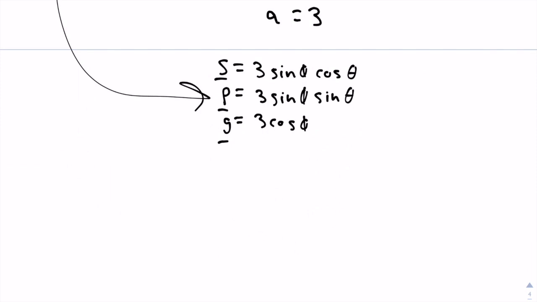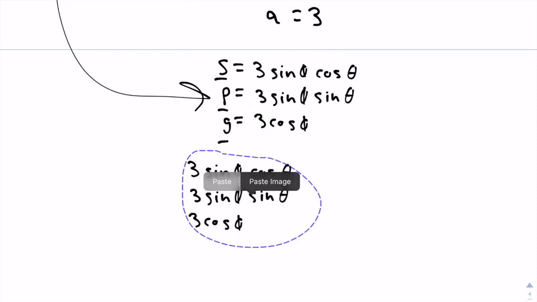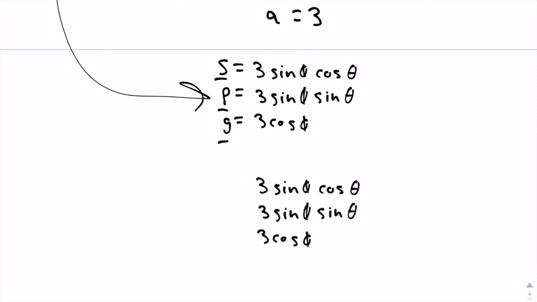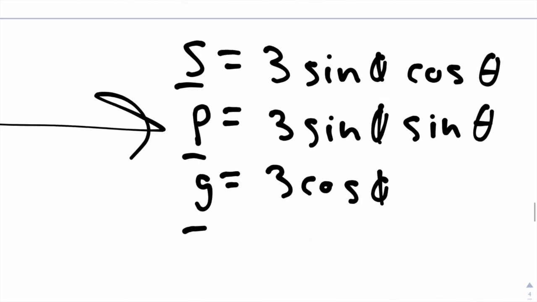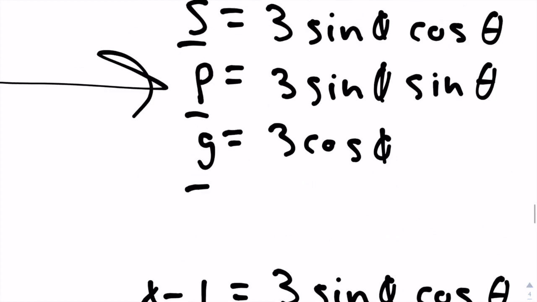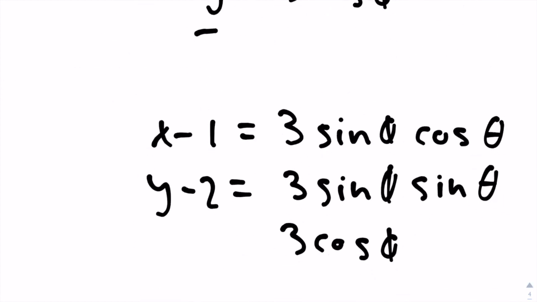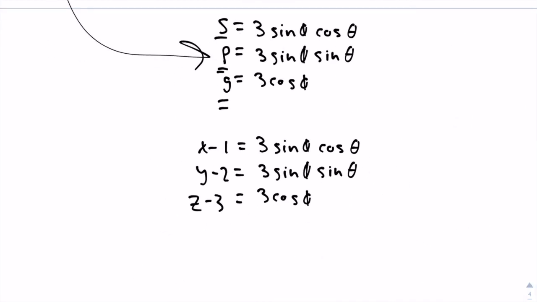And in doing so, let's just copy these values so that we don't have to write them out again. We can say that x minus 1, substituting in for s, y minus 2, substituting in for p, and z minus 3, substituting in for g, is equal to these values.